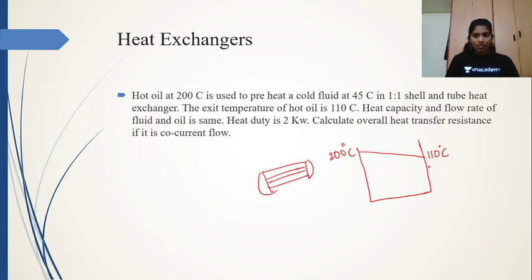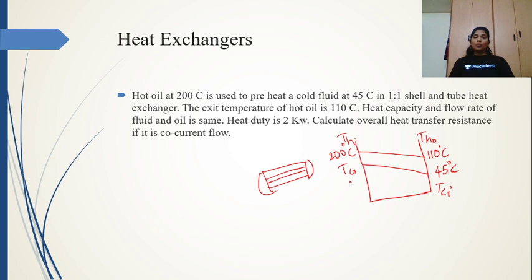So we have the temperatures of the hot oil and of the cold fluid, which is 45 degrees centigrade. We have no data about the exit temperature of cold fluid. This is for hot fluid, THI and TH naught, and this is TCI. We have no data about TC naught.